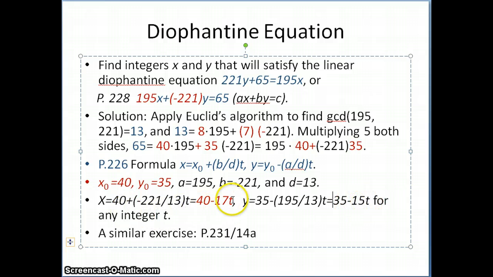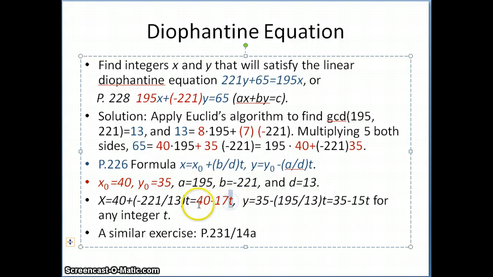And t here is any integer. For example, if t is equal to 0, we get x equals 40 and y equals 35. If we plug in, they must be a pair of solutions, and that's the original particular solution.